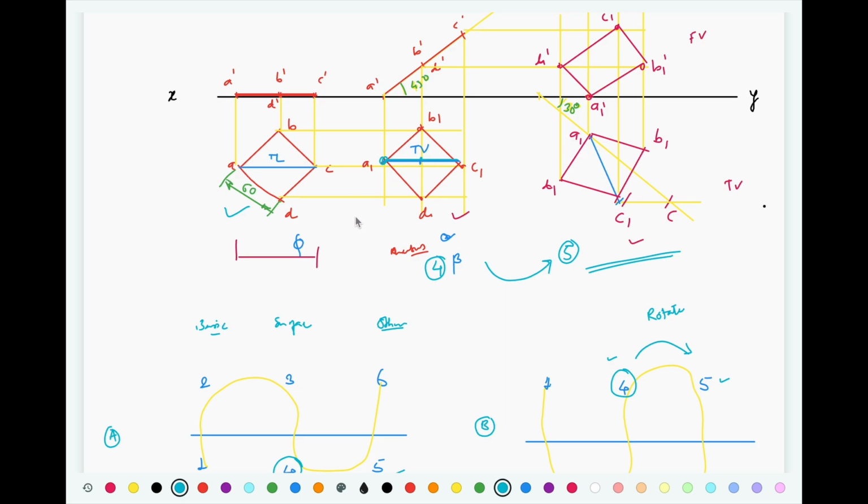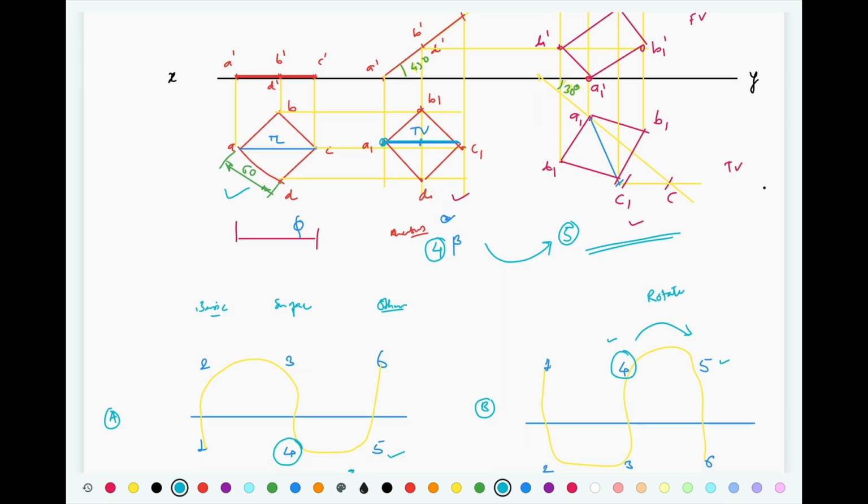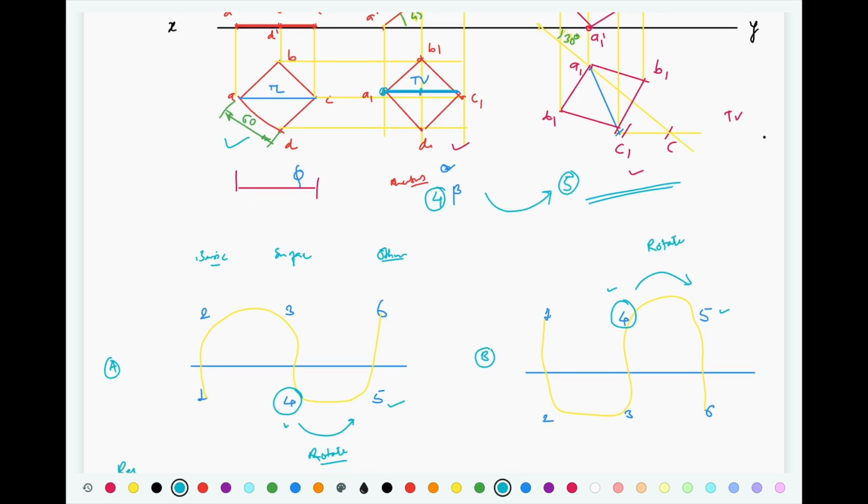The question says that the diagonal passing through that corner is inclined at 30 degrees to VP. So the diagonal has reduced its length, and the question doesn't say top view of that diagonal, because of that I need to refer to the basic view, draw this original length or true length inclined at 30 degrees, mark the locus, and then draw this reduced diagonal on that locus and complete the view.